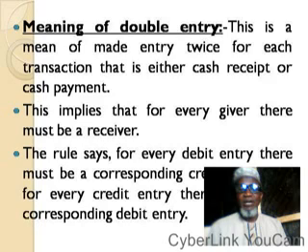Inshallah, as we progress, you will know that we still have the single entry system, which is an incomplete record. But the complete record in bookkeeping is the double entry system, which is a means of making entry twice for each transaction, that is either cash receipt or cash payment.